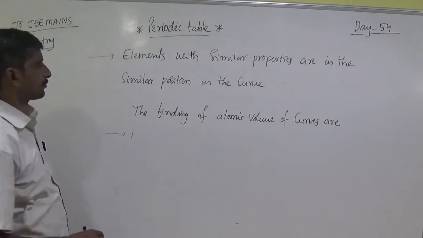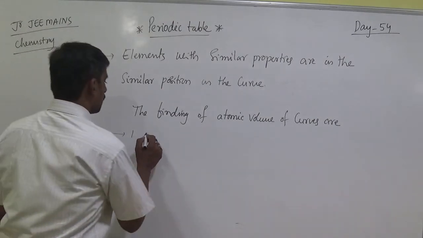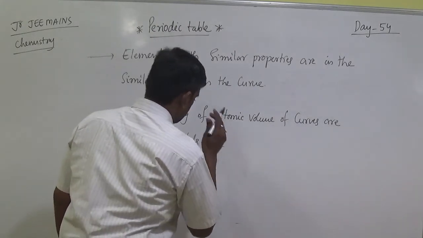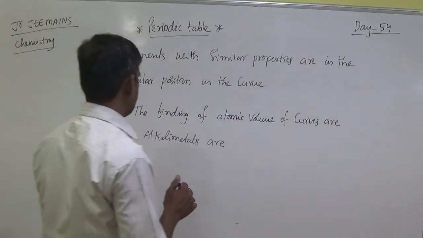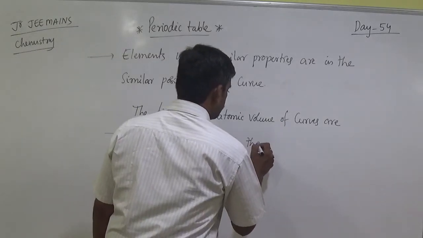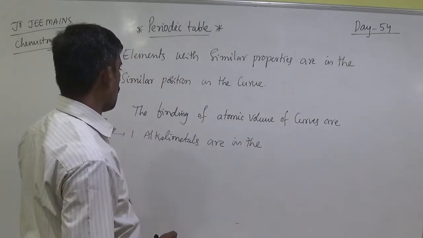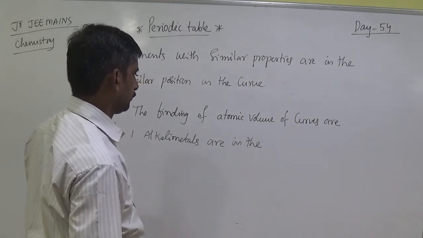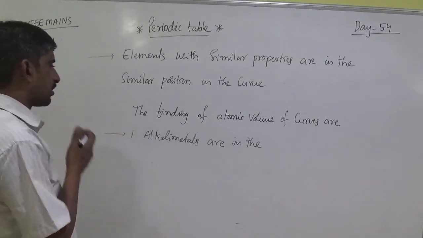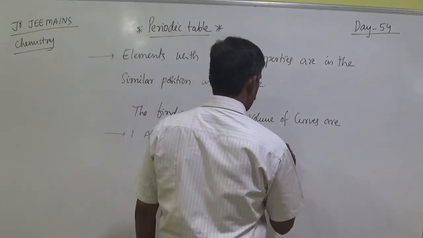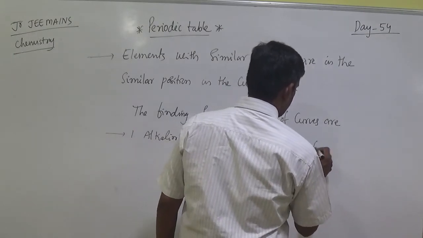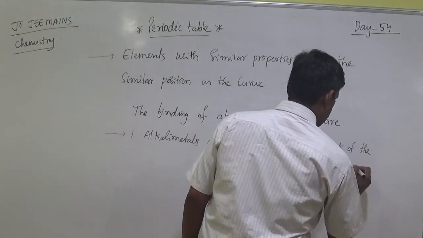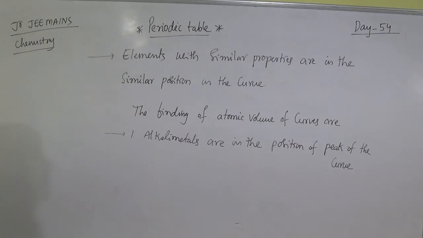First one is: alkali metals are in the position of the peak of the curve.